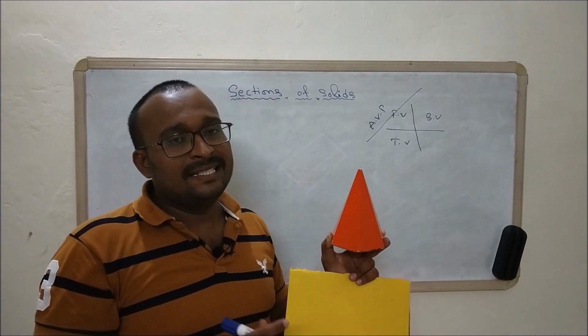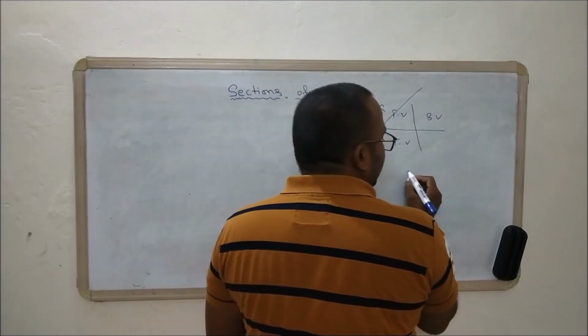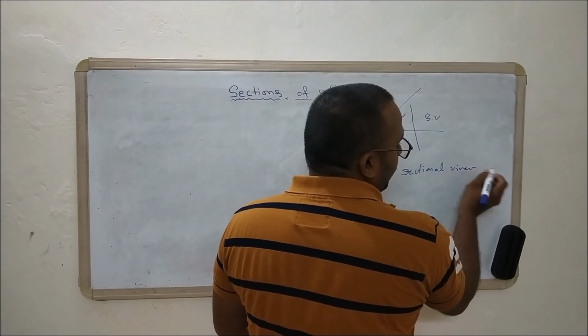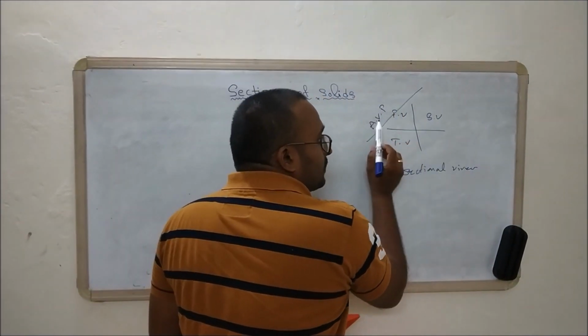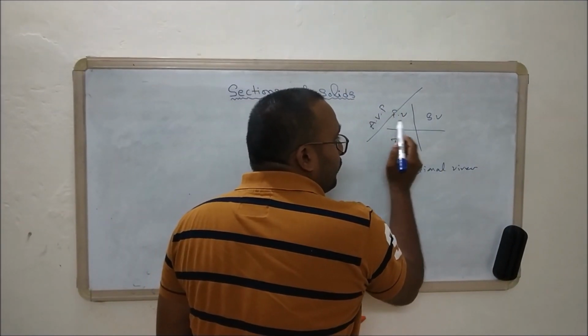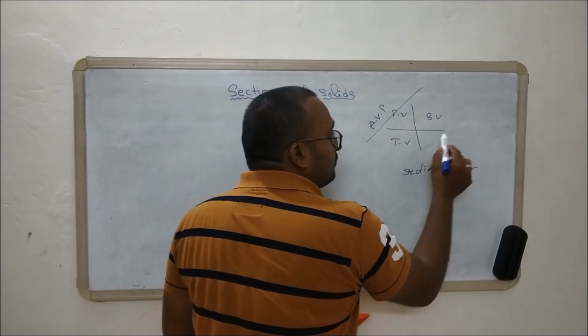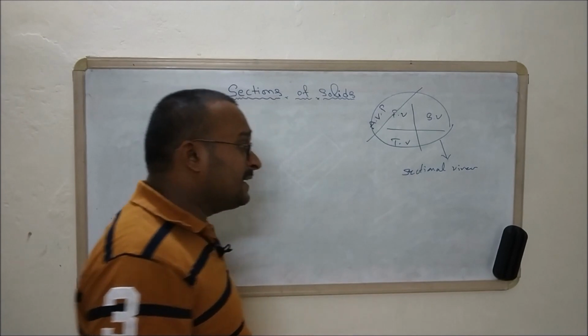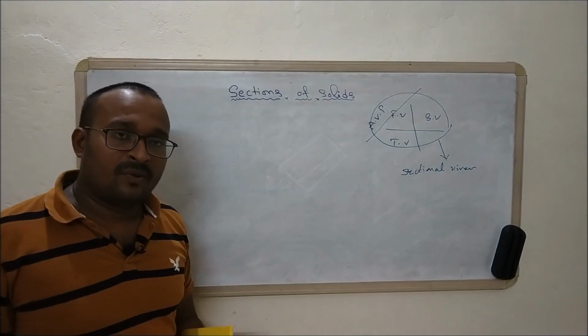That is called a sectional view. So apart from the front view, top view, side view, and auxiliary view, we have another view called the sectional view.